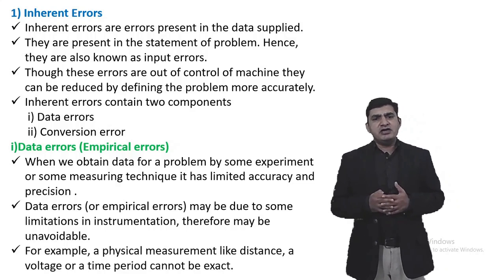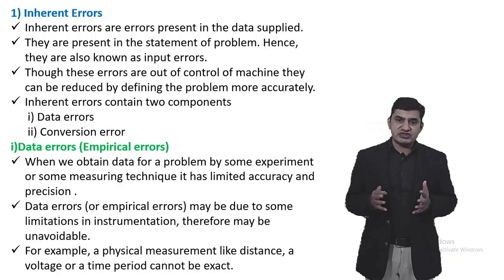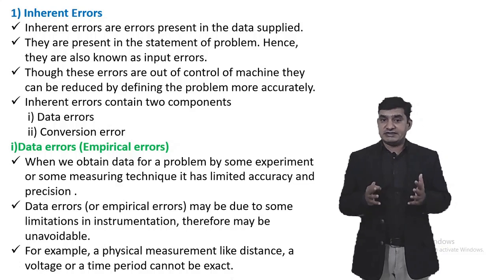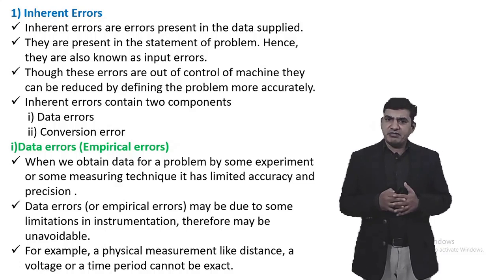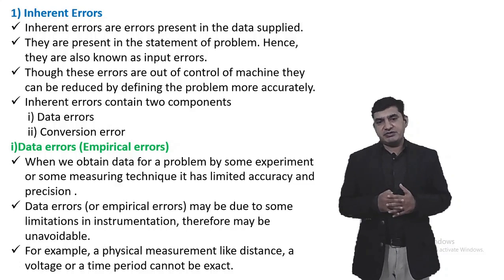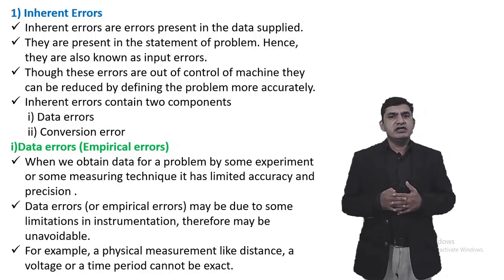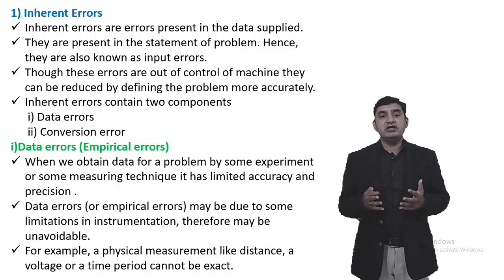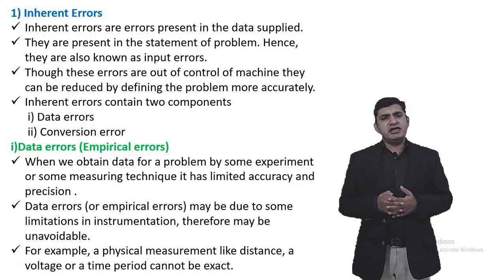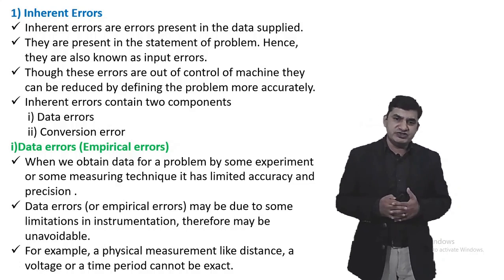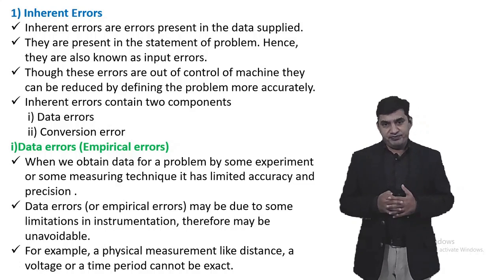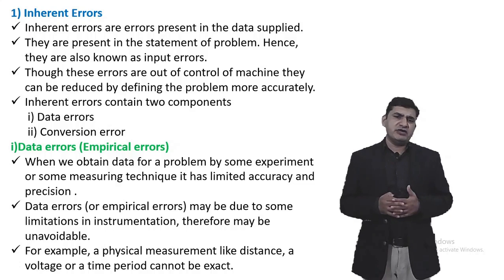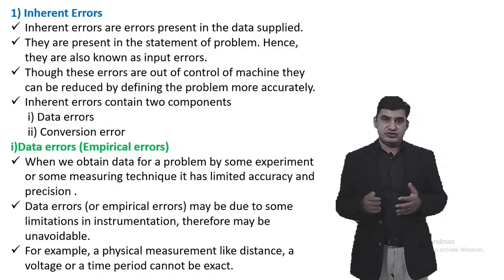For example, a physical measurement like a distance, voltage, or a time period cannot be exact. The time period can be measured using a simple pendulum, and in measuring the oscillations of a simple pendulum, error can be introduced.